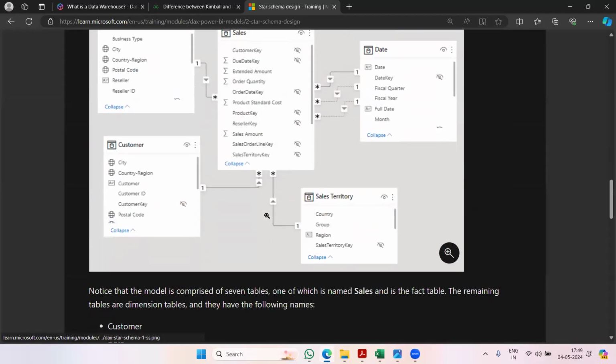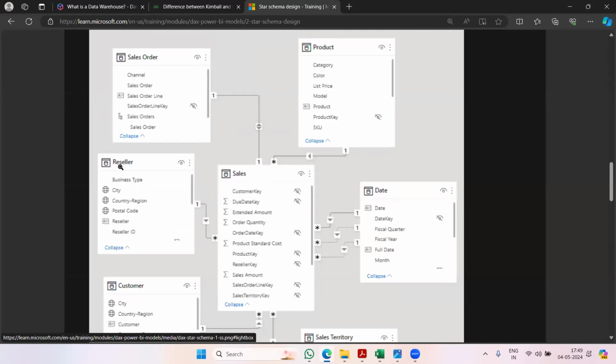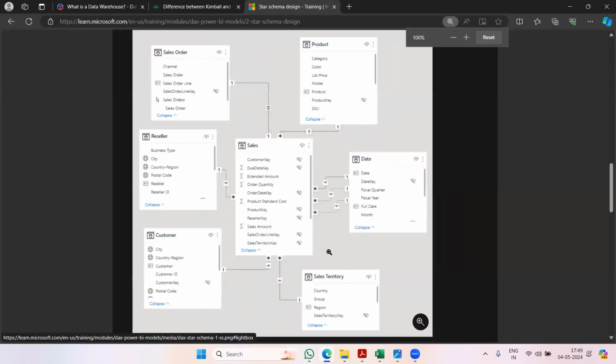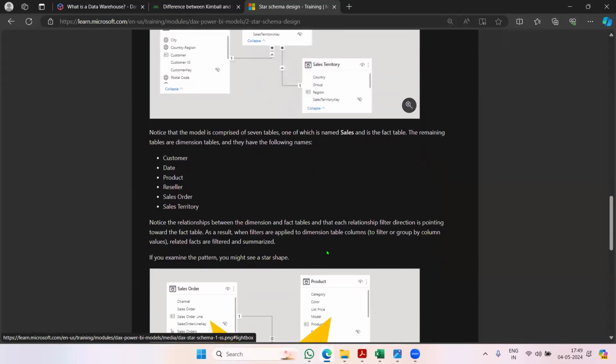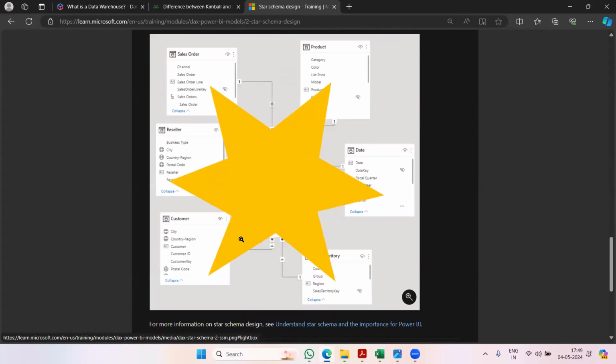Now, if you see, this sales table is the center one, and it is supported by other tables like products. Those are called dimension tables. And it looks like a star. So that is the reason a fact table surrounded by dimension tables for one level, we call it a star schema, right?